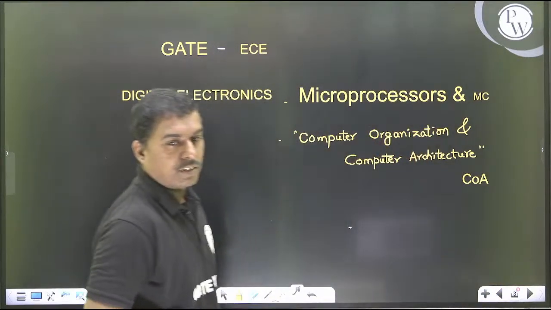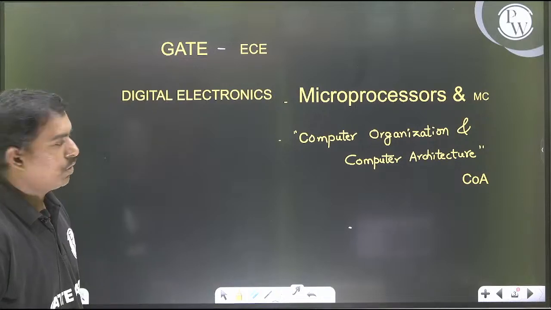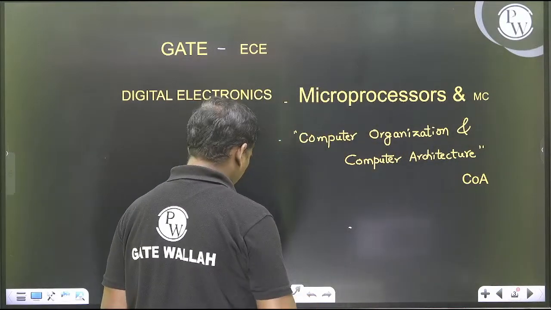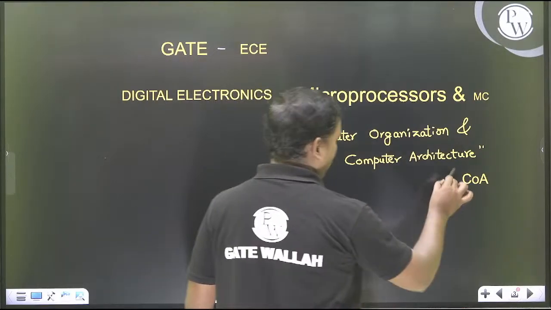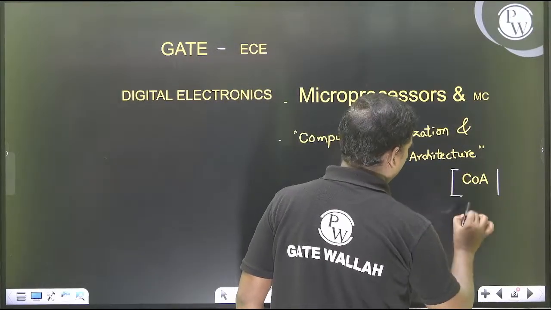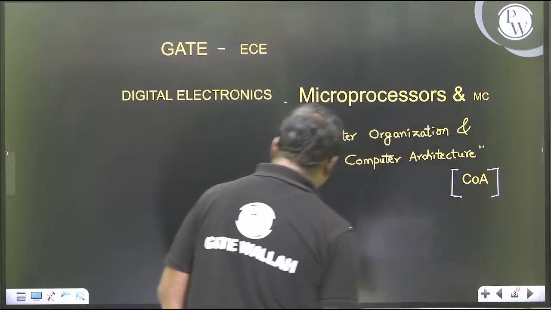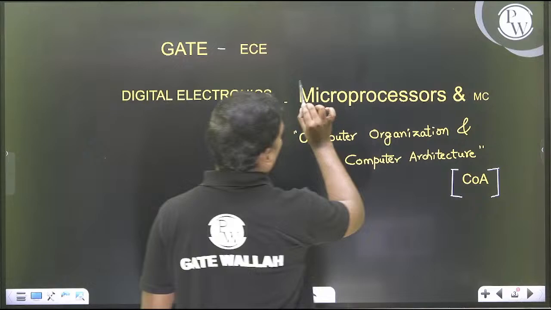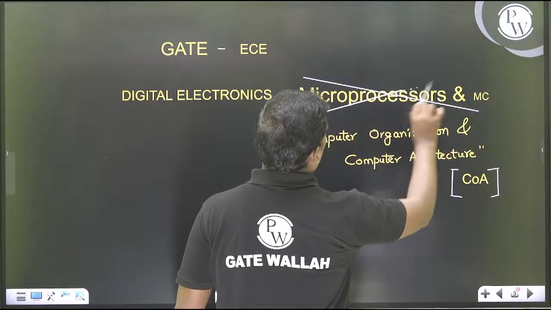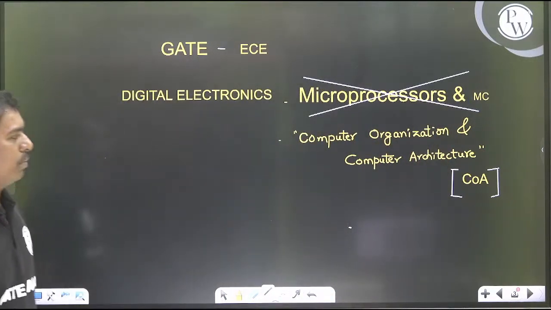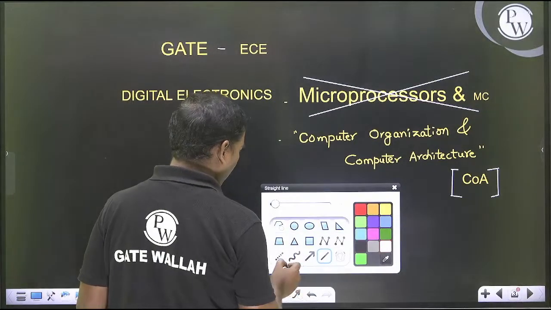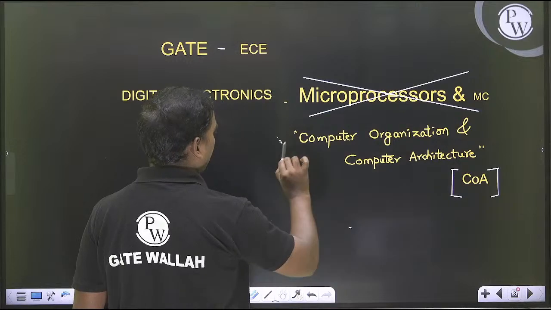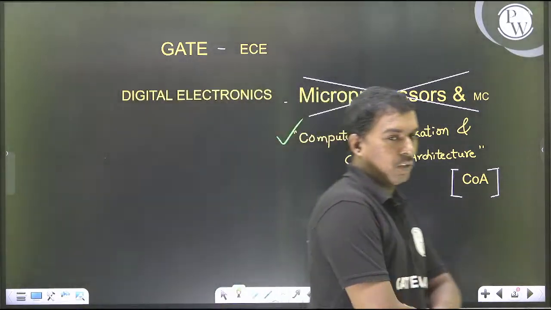In short, we call it COA, computer organization architecture. Earlier the subject was not there, so in the place of microprocessor and microcontroller, they have kept the subject computer organization and architecture, COA.